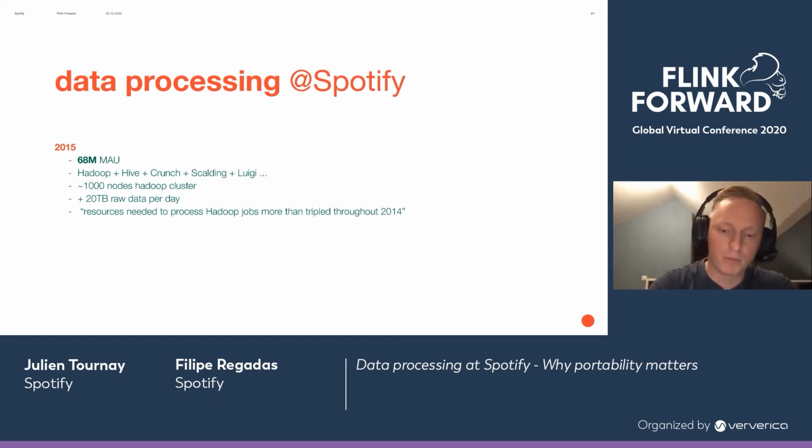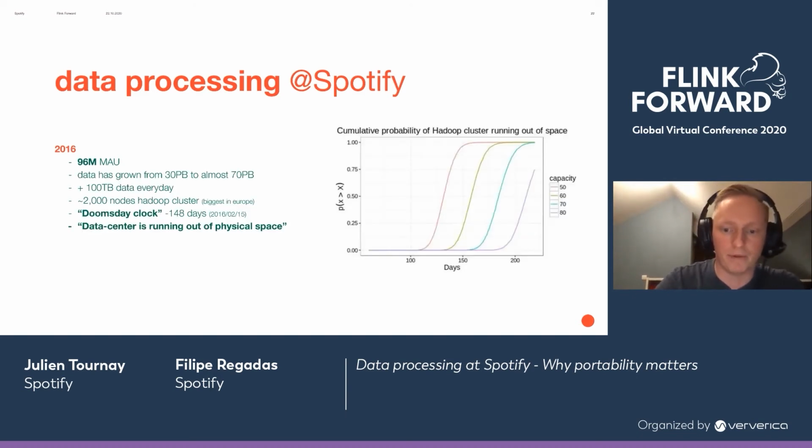And this is the point where people at Spotify started to think that maybe they had a problem, because the resources needed to process the Hadoop jobs had more than tripled over the course of 1 year. When I say a year, like 2015, I'm actually talking about January or February, so the beginning of 2015. So people were growing conscious that they had a problem.